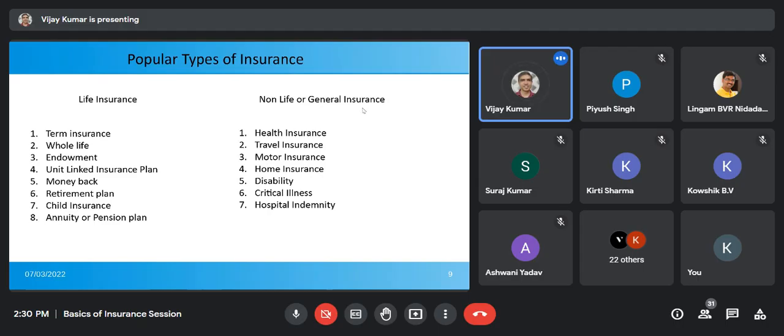Okay, and many people who are working in insurance, when you are going to create a code in EIS, you might have seen that there is a line of business. Have you seen that line of business? What is the line of business you are selecting for your product? Can anyone tell me what a line of business is?